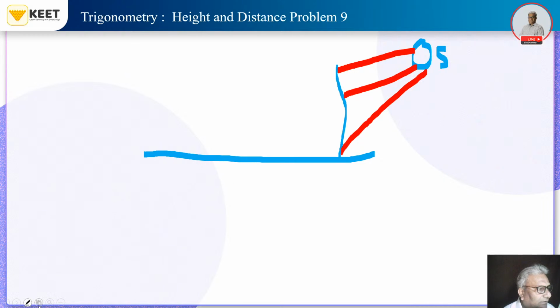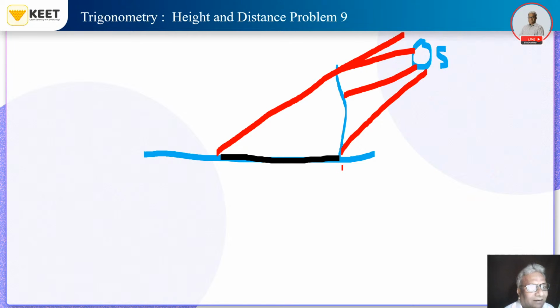Then the shadow of the object will be on the ground. The sun ray which is coming from here like this will hit somewhere here. So this object will show the shadow which is shown in the black color.